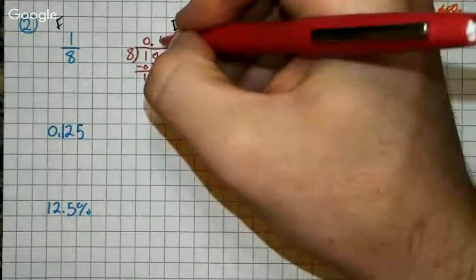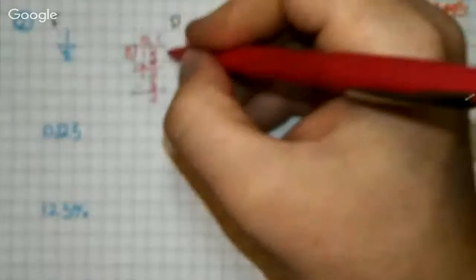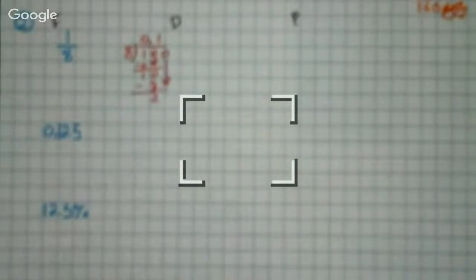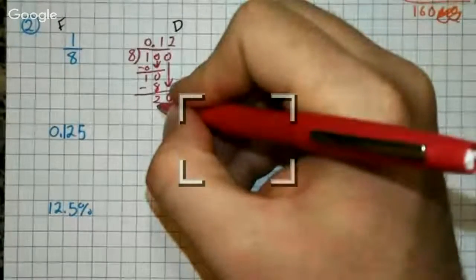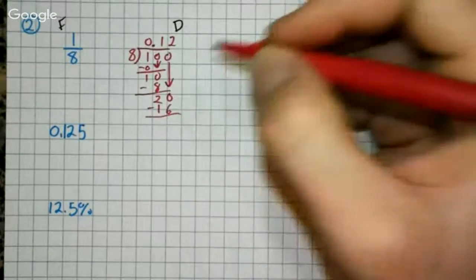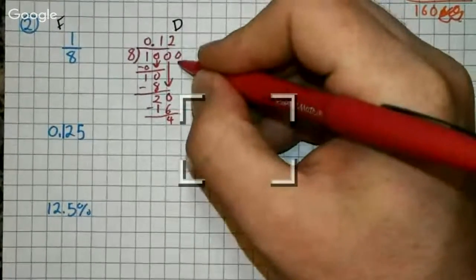8 goes into 10 1 time, gives us 2. Drop a 0. 8 goes into 20 2 times, 16. Subtract, we get 4.